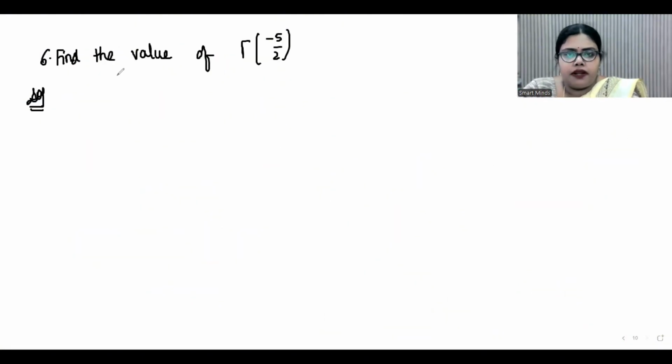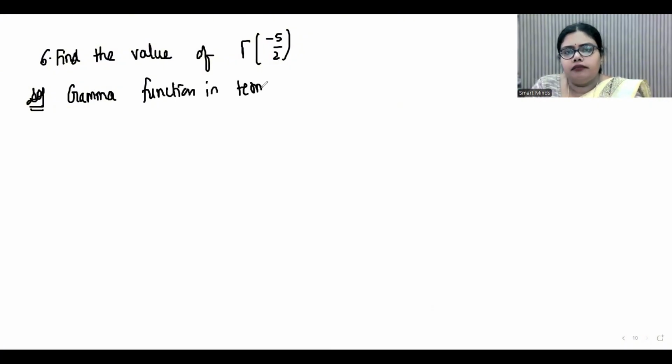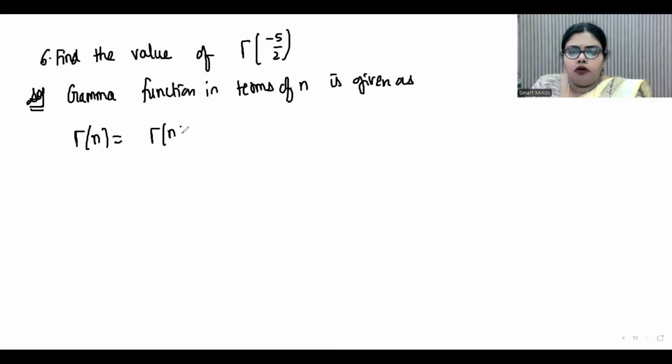Take the next question. Find the value of gamma of minus 5 by 2. So how can you write the gamma function? The gamma function in terms of n is given as gamma of n is equal to gamma of (n plus 1) by n.